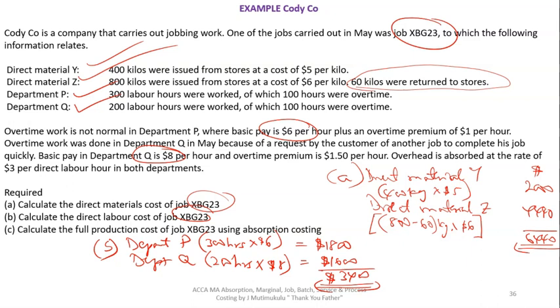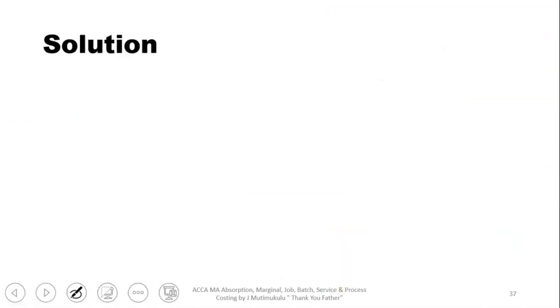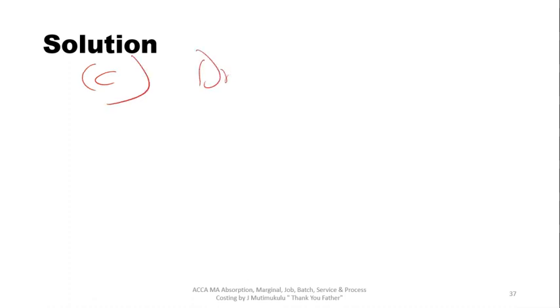Let us proceed with our computation for part C. Calculate the full production cost of job XBG 23 using absorption costing. So for part C, we then have to consider the direct materials, which we have already computed.